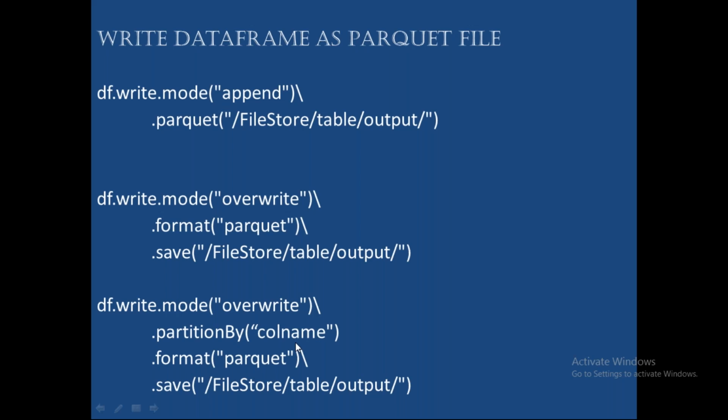We have customers from India, customers from US, customers from UK. Then what you need to do is partition data based on the location. So all the US people data will go into one file, all the India people data will go into another file. Something like that will happen when you say partitionBy location.